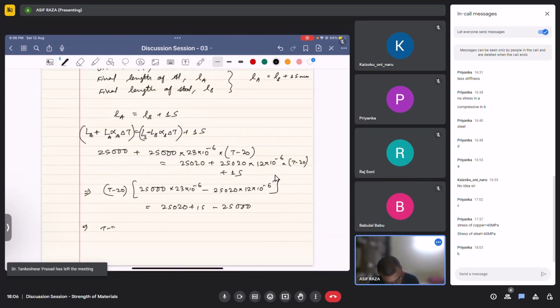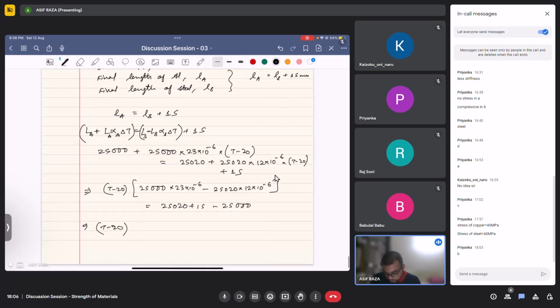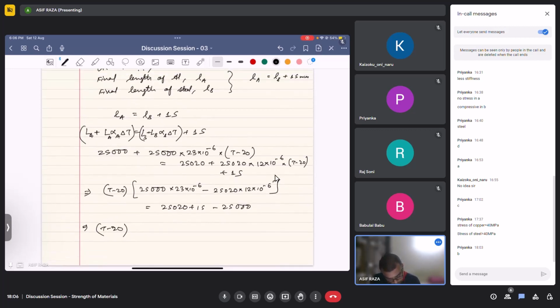This implies T minus 20 times 0.27476 is equal to 35.